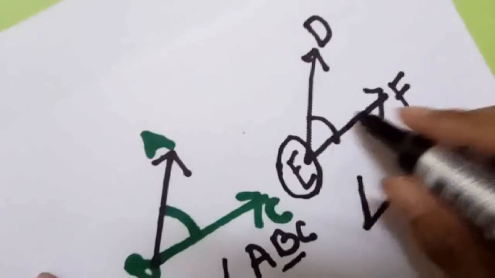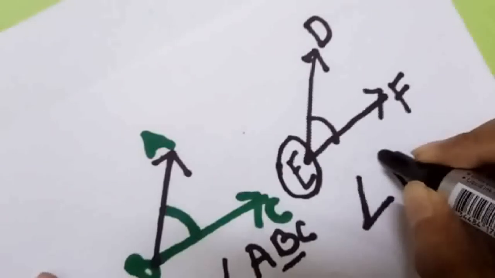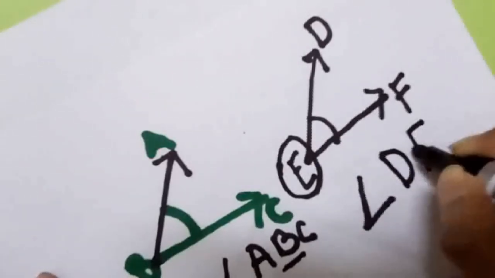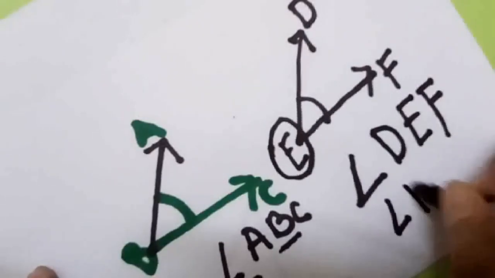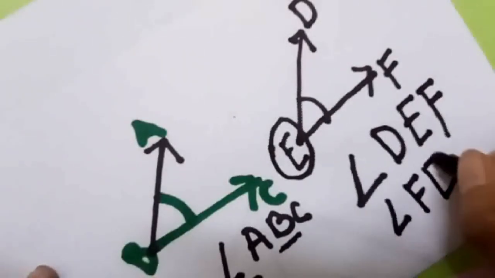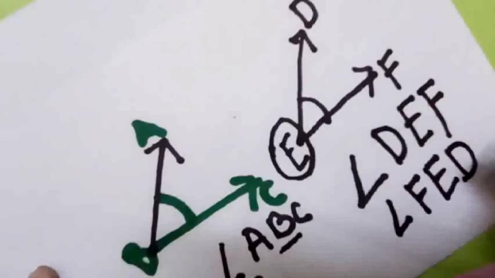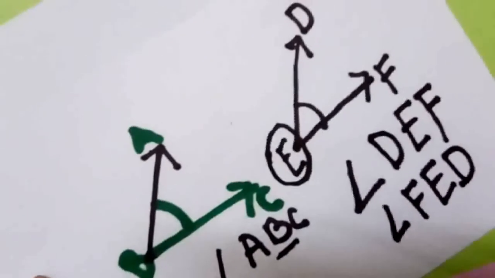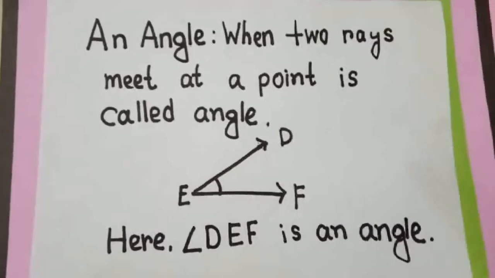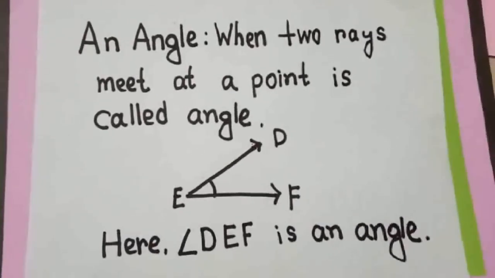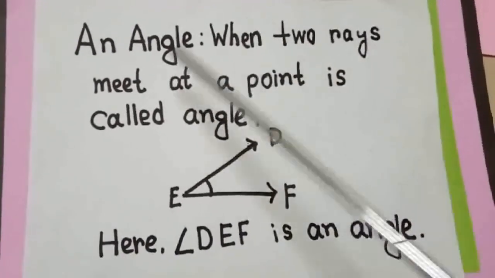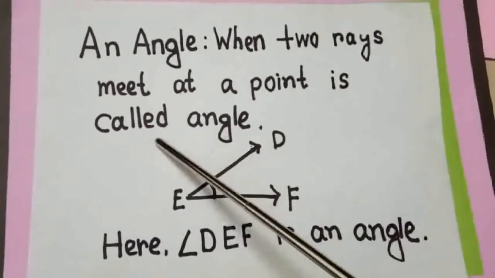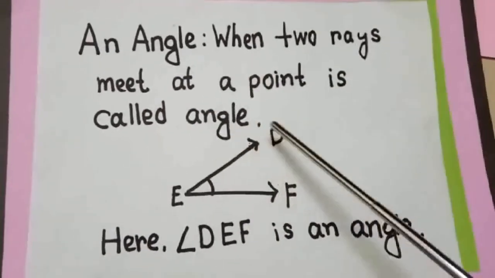So we can write this angle's name as D, E, F or F, E, D. Then the definition of an angle is when two rays meet at a point, it is called an angle.